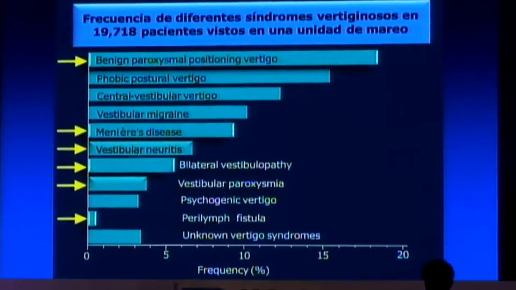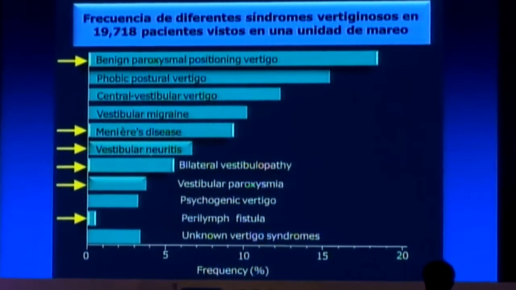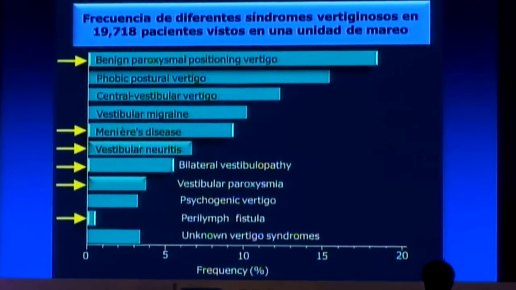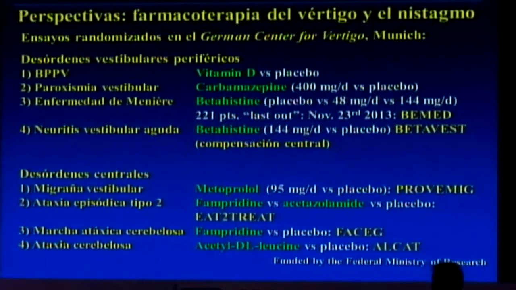Vestibular neuritis, herpes simplex, acute onset of severe vertigo, excludes vestibular pseudoneuritis, symptomatic treatment, steroids, rehabilitation. Bilateral vestibulopathy, movement-induced imbalance, no symptoms under static conditions, vestibular exercises. Vestibular paroxysmia, short attacks of vertigo, carbamazepine. Perilymph fistula, pressure-induced attacks of vertigo.